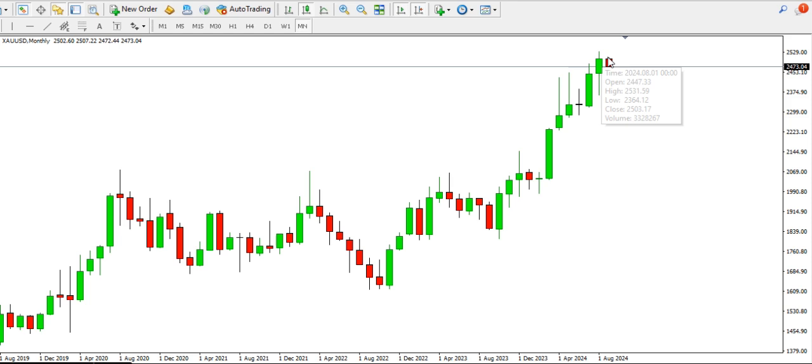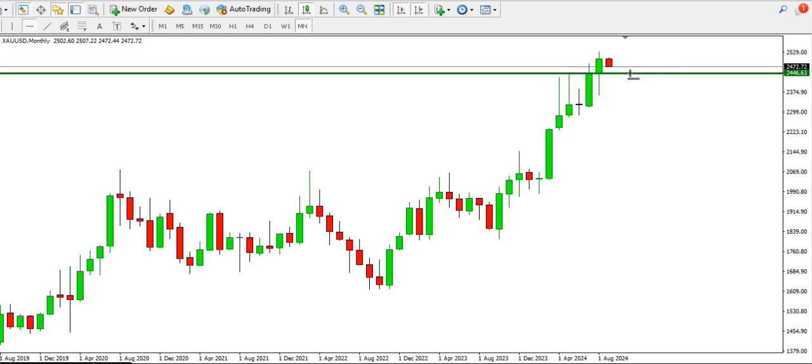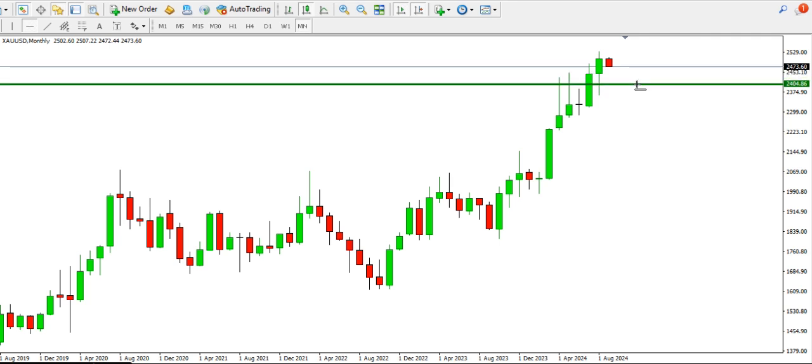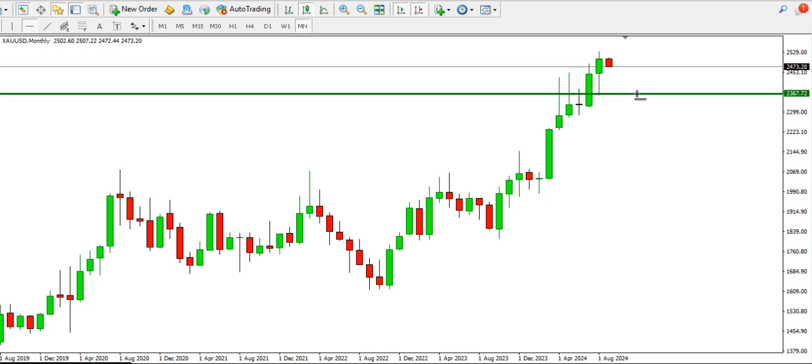So we might see price drop possibly to the opening level of last month's candlestick, which is at 2446, or price might get to the mid of the month, which is at 2404, or price might get to last month's candlestick low, which is at 2365 level, before price starts to push back up.